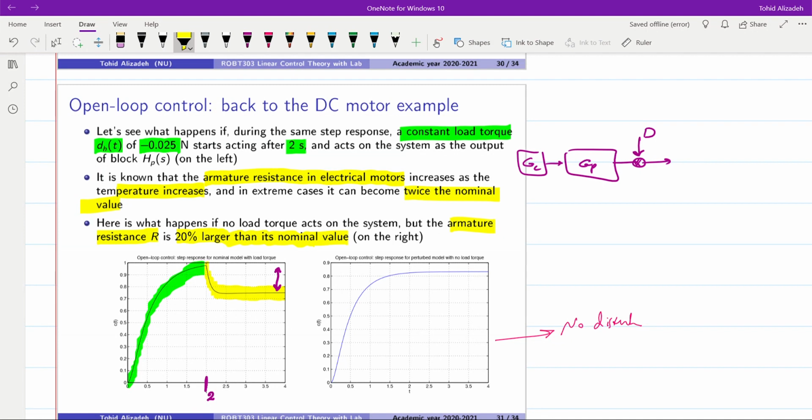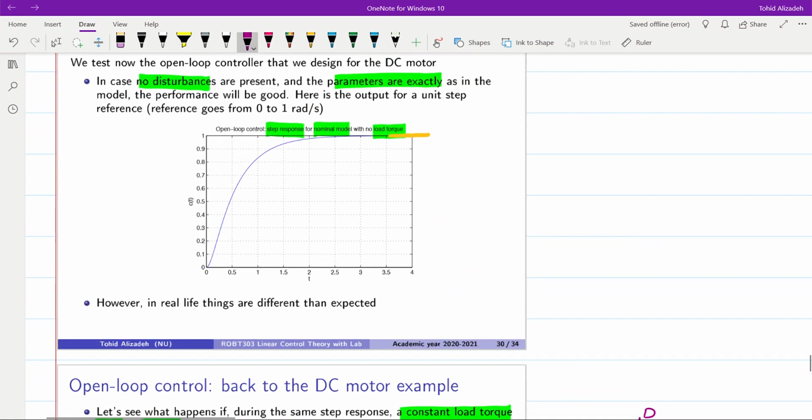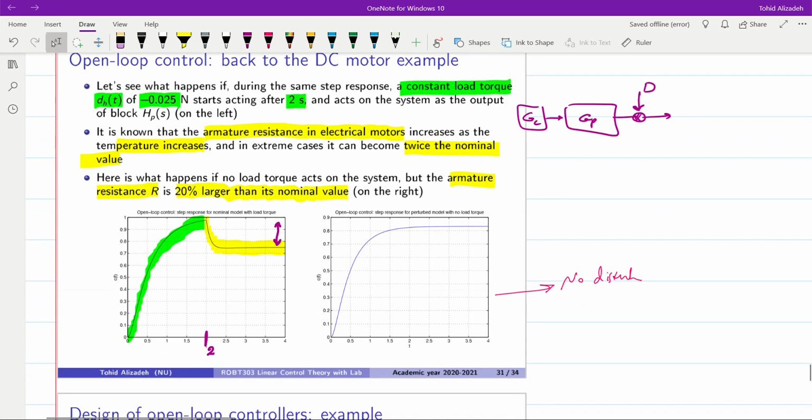In terms of the shape of the response, we can say that it is similar to the case where there is no disturbance and there is no change in the parameters of the system, so what we have here. But you can see that the final value is not equal to 1, so we have steady state error.